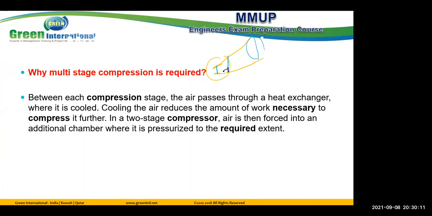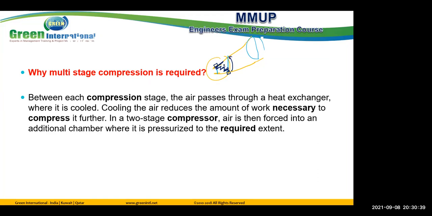Then the intercooler makes cooling. Then increase the pressure again, then cooling, then pressure again, then cooling, then pressure again. What will we see here at all? We will find you obtain the same pressure you need, but the sum of these small pressures is less than if you go direct here.